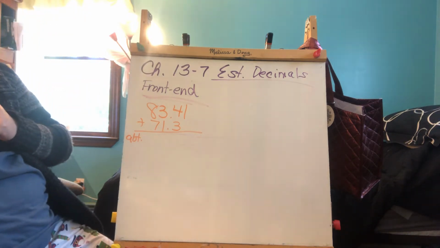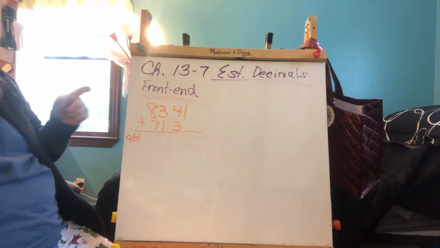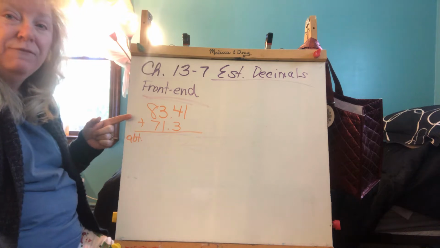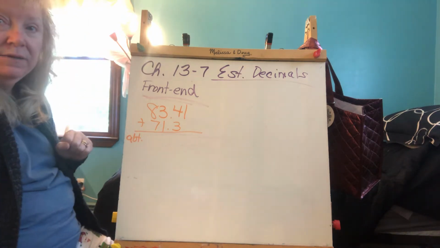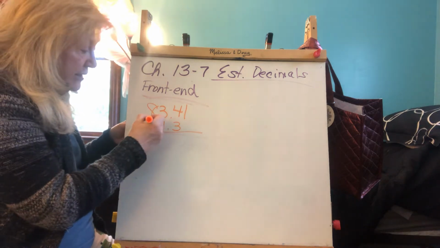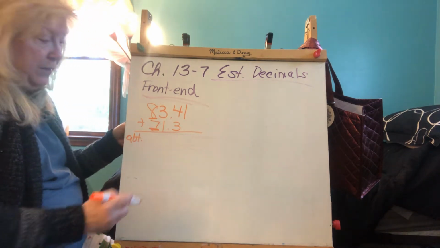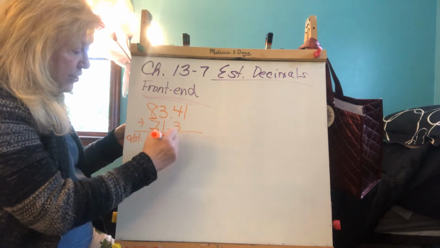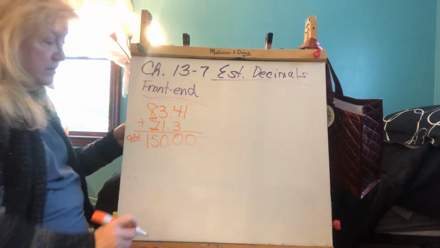You do the exact same thing. You're going to add or subtract the first or front non-zero digits. So in this case, it's 8 plus 7. 8 plus 7 is 15. Everything else becomes zeros.